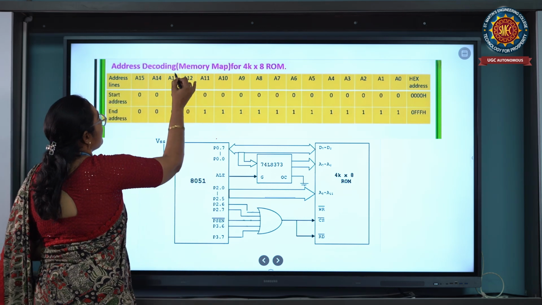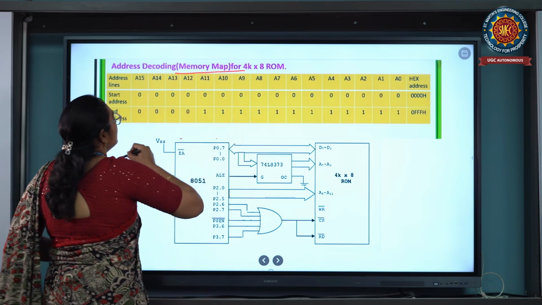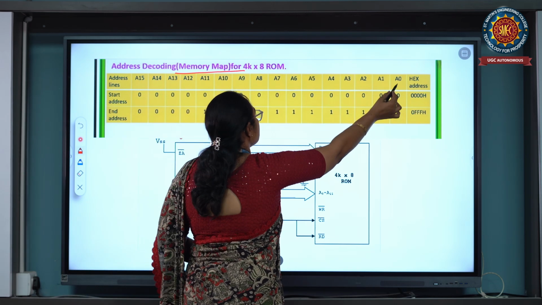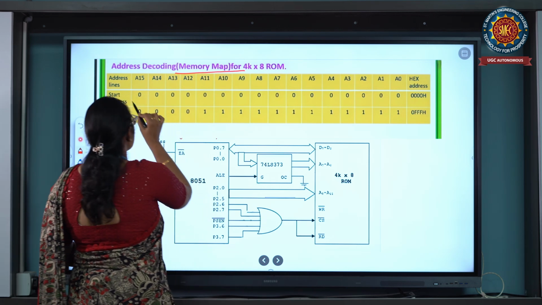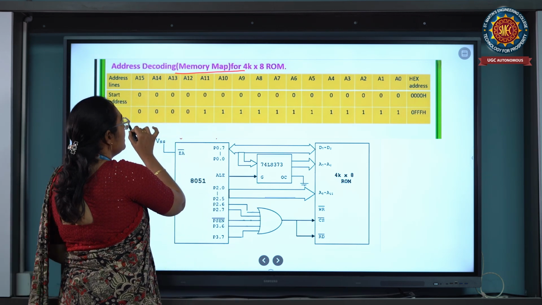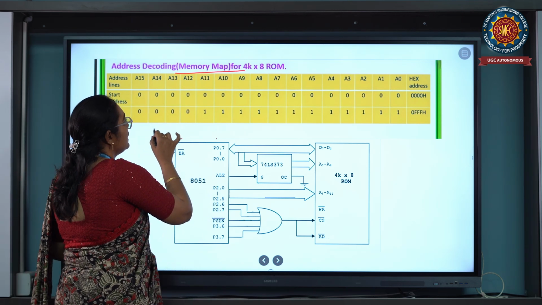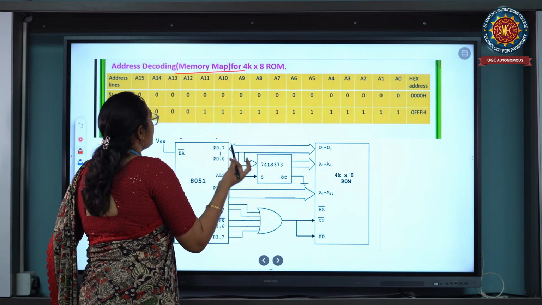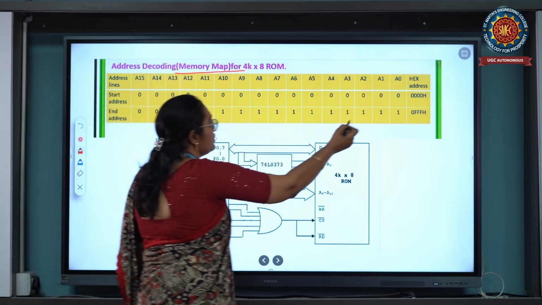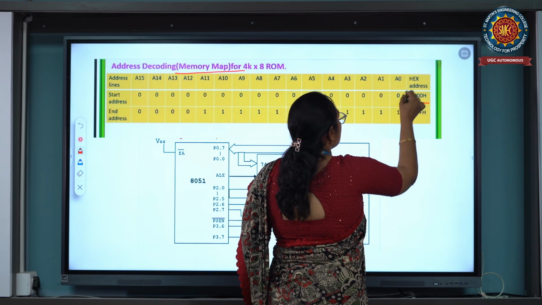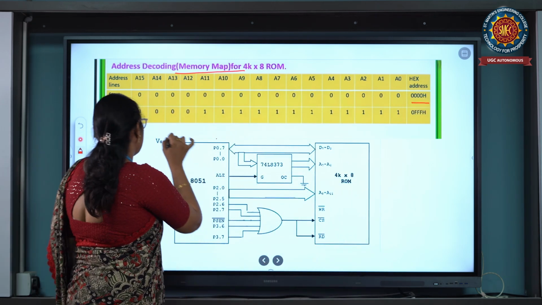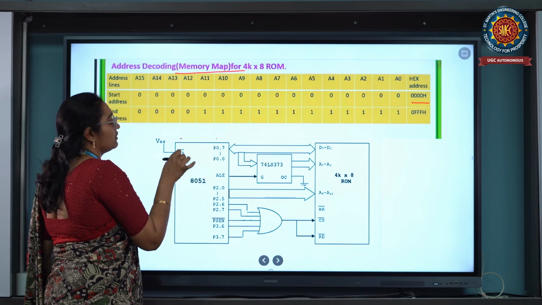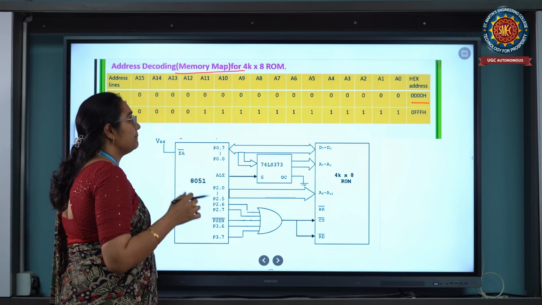This is the memory mapping. As we know the address lines A0 to A15, we have to find the starting address and ending address for the 8051 microcontroller. We take the starting address as 000H, represented in hexadecimal form. We have to find the end address of the 8051 microcontroller for interfacing program memory.